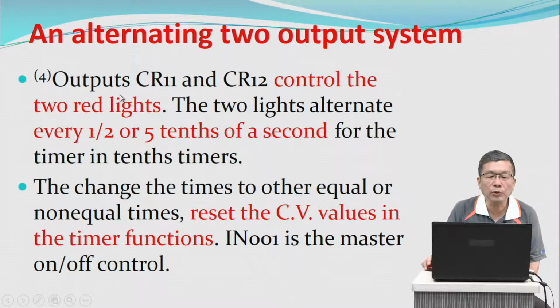Output control relay 11 and control relay 12 control the two lights. The two lights alternate every 1/2 or 5/10 of a second, set by the timers in tenths of seconds.